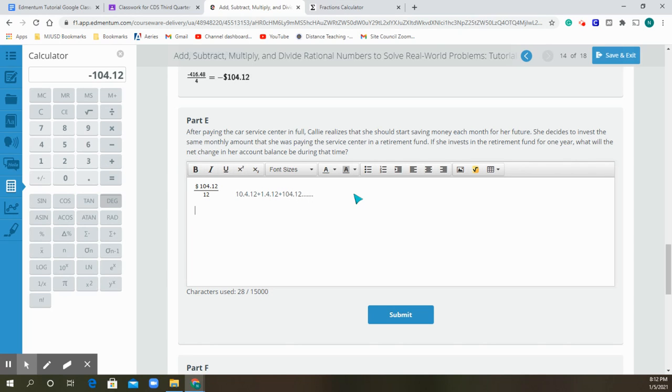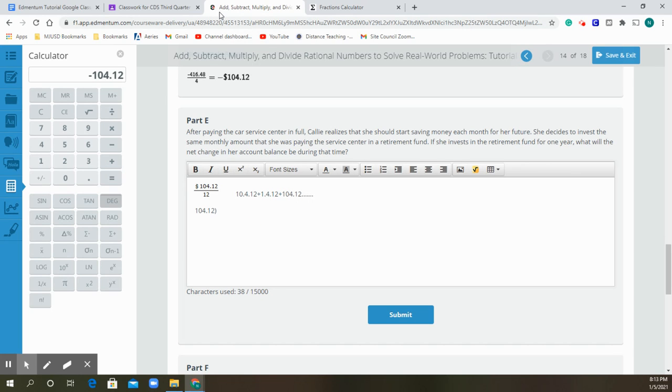we're going to do 104.12 multiplied. Now, X is a multiplication symbol, and also is this asterisk sign. So either one of those is okay.